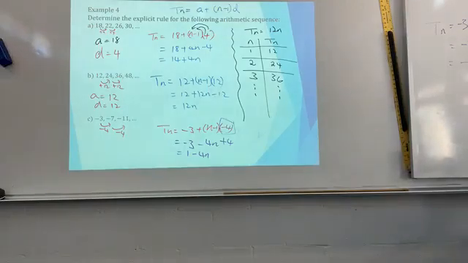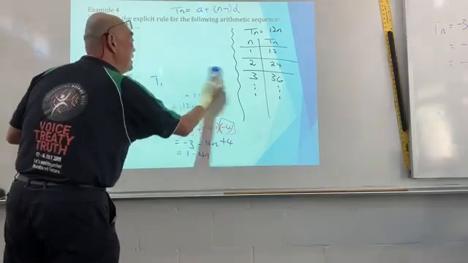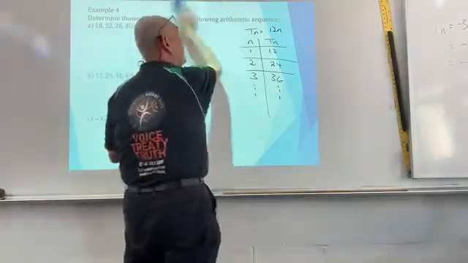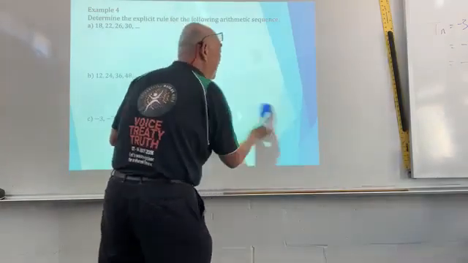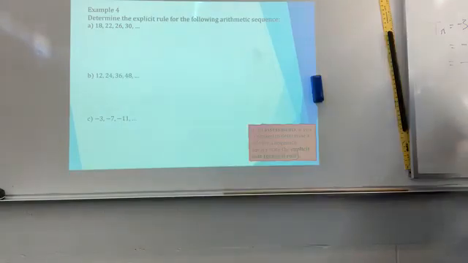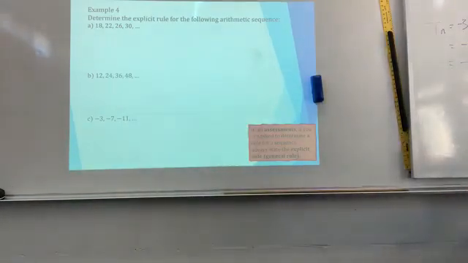Example 4. Can I go on to example 5? I'm going to give you as many examples as I can the next couple of days. And because I don't see you on Monday, I have given you a little bit more to do. Now here, another exam tip. In all assessments, if you are asked to determine a rule for a sequence, always state the explicit rule or general rule.